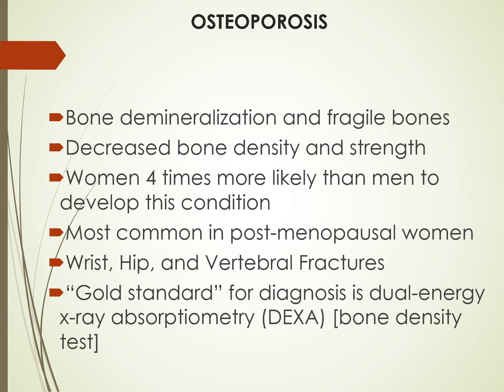It often affects the hips, which leads to hip fractures with a fall, and wrist, which leads to wrist fractures, which is very, very common with minor falls in older women. And as I mentioned, the gold standard for diagnosing osteoporosis is a bone density scan.